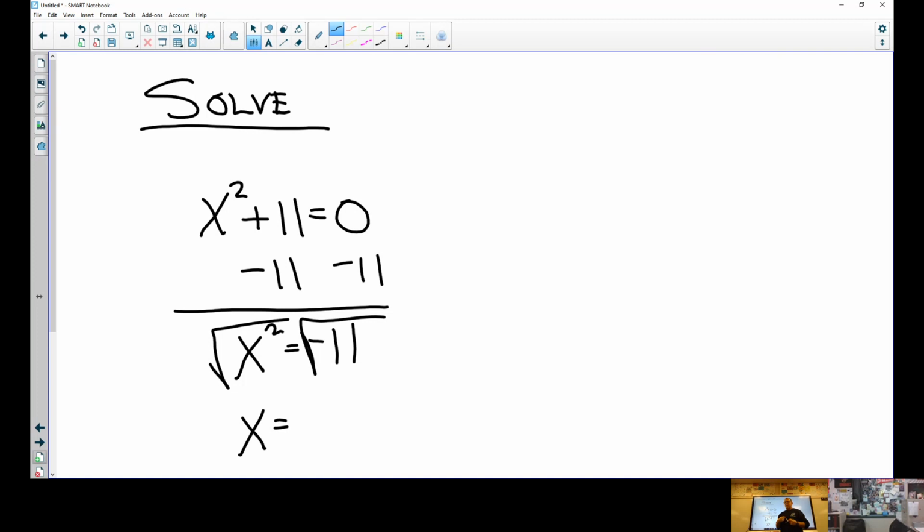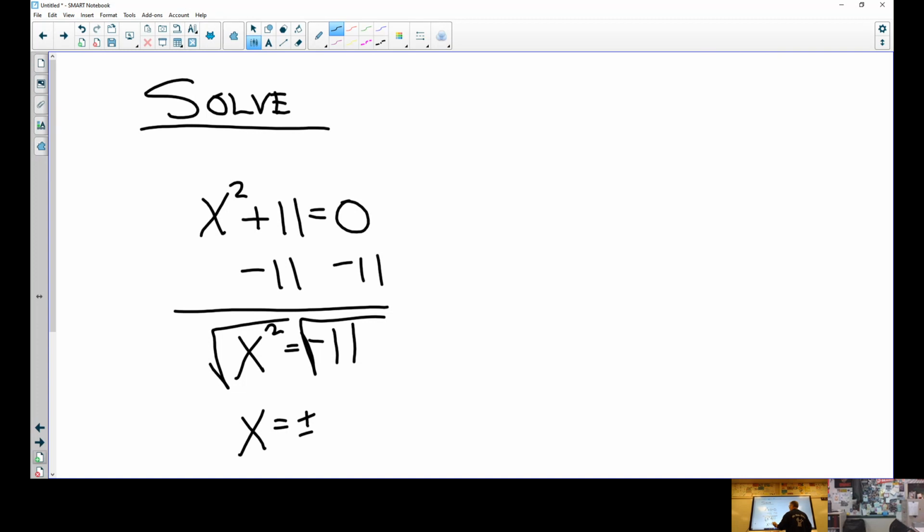If we do that, and this is the only time you have to worry about this, if we impose it on the function as a solving step, we have to always consider plus or minus. So remember that. If you're solving an equation and you take a square root of both sides, you have to remember it's plus or minus. That's going to accommodate that whole thing.